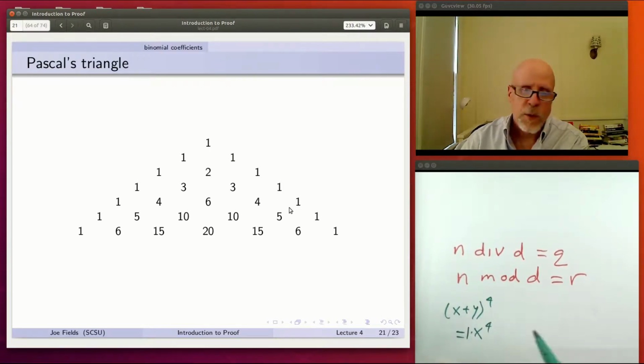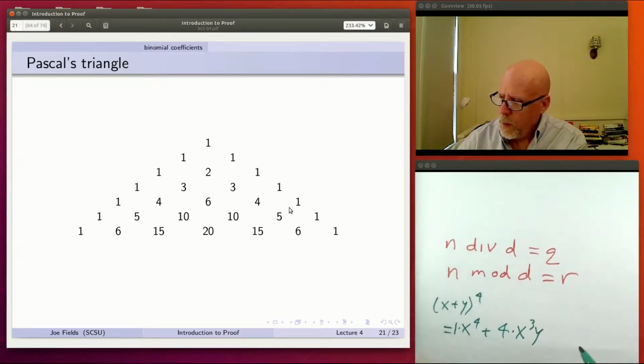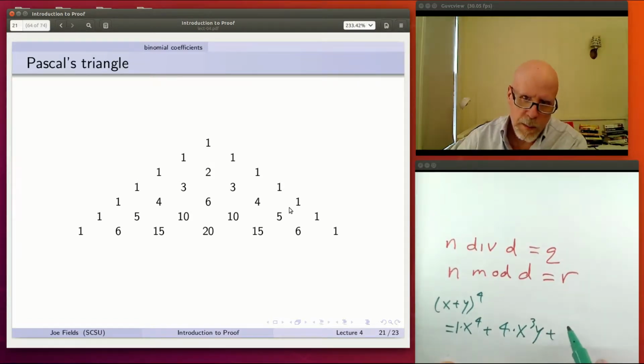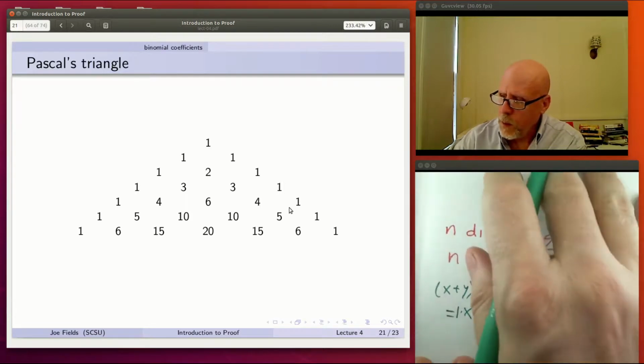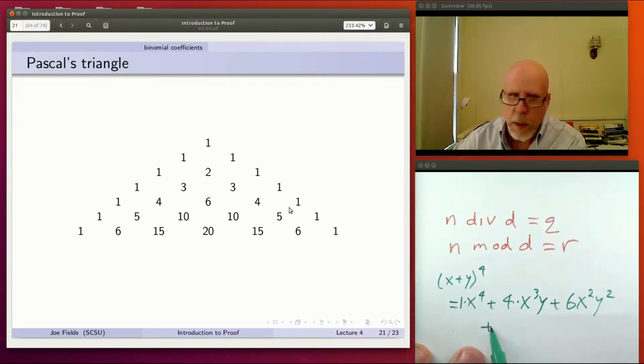There's a coefficient of 1 in front of that. Coefficients, I said, were the numbers out of the fourth row of the triangle. So 4 is next. Then it's got x cubed y. Then 6x squared y squared. I'm running out of space, so let me just break the line. 4x y cubed and ending with 1 times y to the fourth.